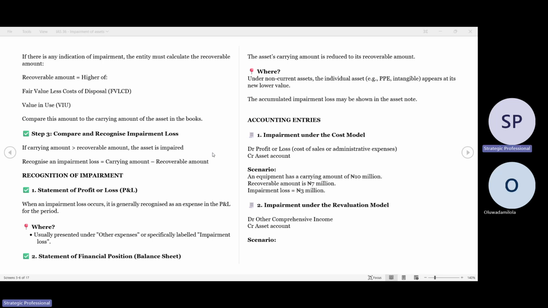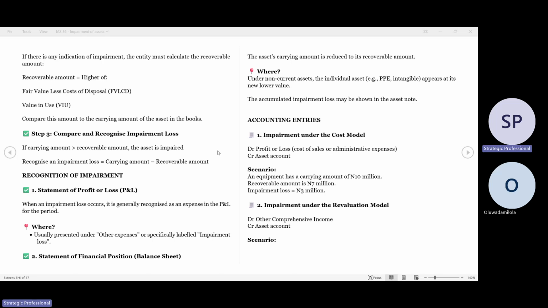Don't forget, in accounting, there's what we call the prudency concept. I don't know if you're familiar with it. The prudency concept says don't always anticipate profits. Always make provision for losses. Because if you're anticipating profit, there's always a risk that you would do magu.